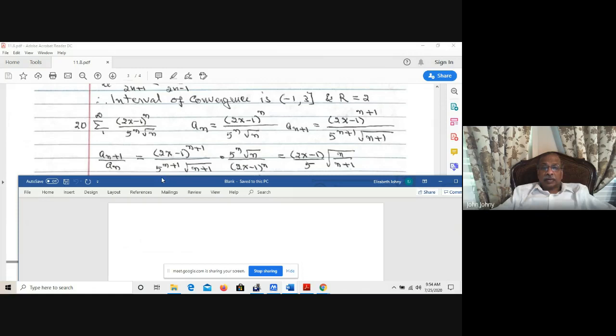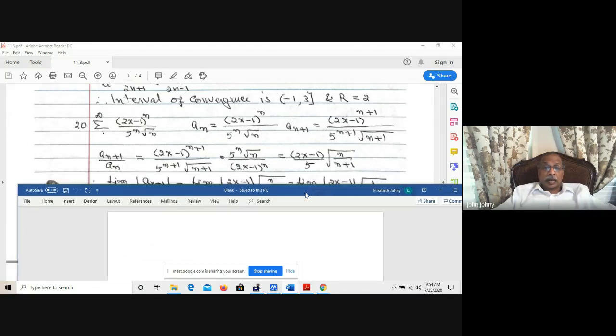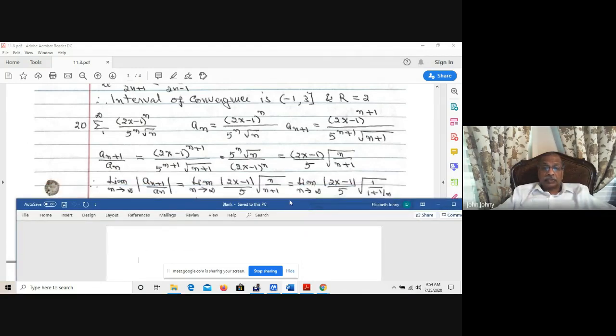To simplify, you get (2x minus 1) to the power of n plus 1 minus n, that is 2x minus 1 in the numerator, 5 in the denominator, because 5 to the power of n plus 1 is 5 times 5 to the power of n. 5 to the power of n cancels, and under the radical sign you have n divided by n plus 1, and as usual you divide numerator and denominator by n.